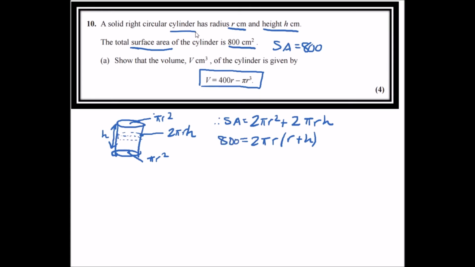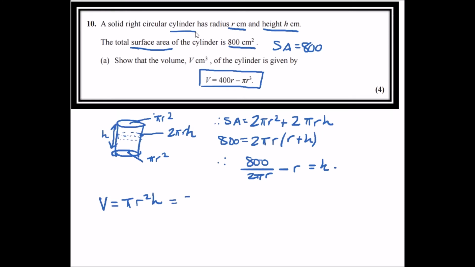Now what do we need to find? Notice that they're trying to get rid of h, so all we have to do is eliminate h. Dividing across and subtracting r, we should have 800 over 2 pi r minus r equals h. Now the volume of a cylinder is simply pi r squared h, and all we have to do is replace h with this term.